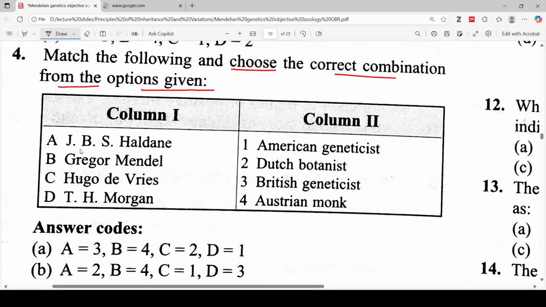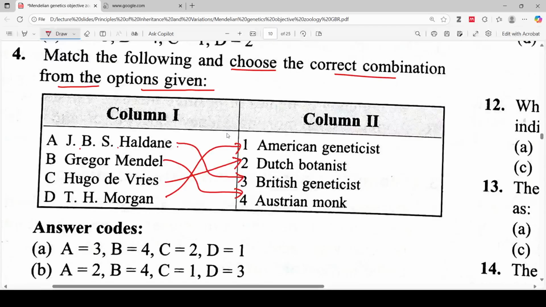So J.B.S. Haldane will match with British geneticist, and Gregor Mendel, Austrian monk, and Hugo de Vries will match with option D 2, and T.H. Morgan, American scientist.